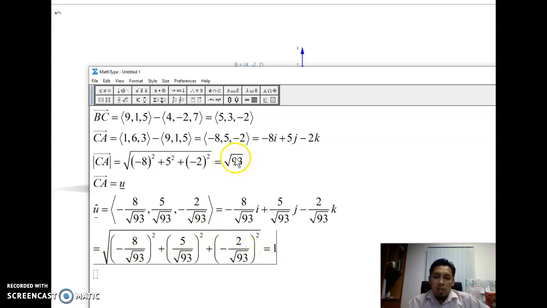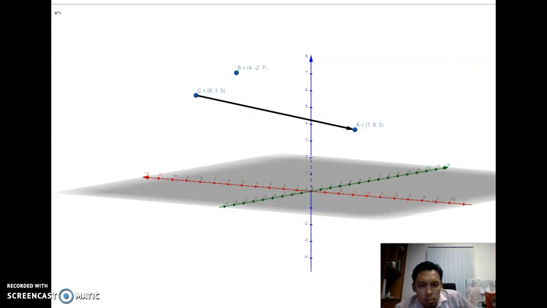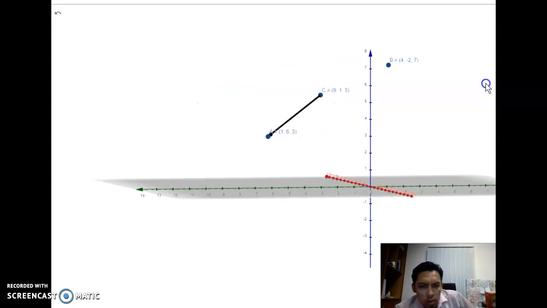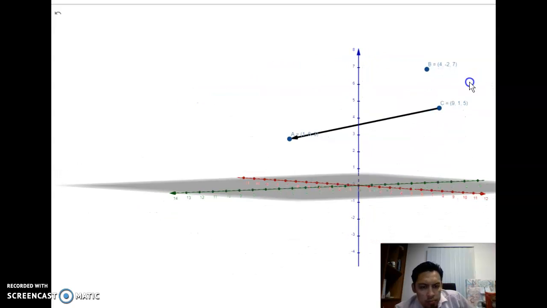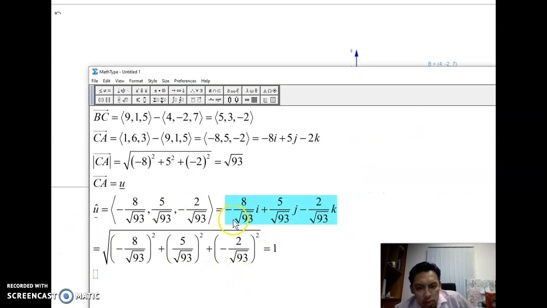Previously it is root 93. Will it change to 1 when we do it like this? Let's see. This is the vector that we're looking at, C to A, currently with length root 93. As we did before, when you calculate it like this, the length should change to 1.